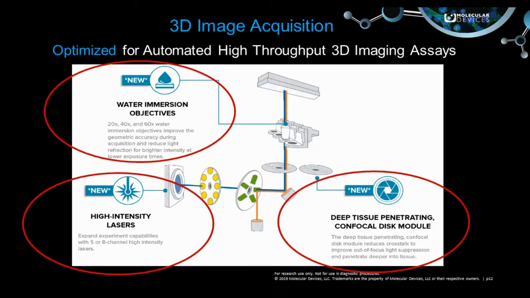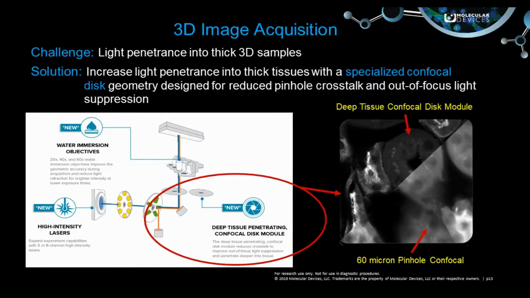We also have the deep tissue penetrating confocal disk module that allows greater depth into tissue and reduces crosstalk to improve autofocus light suppression. This confocal disk module has a low light transmittance, but we make up for it with high intensity lasers for 5 or 8 channels. These lasers are 1,000 milliwatt per channel and offer best-in-class light excitation.